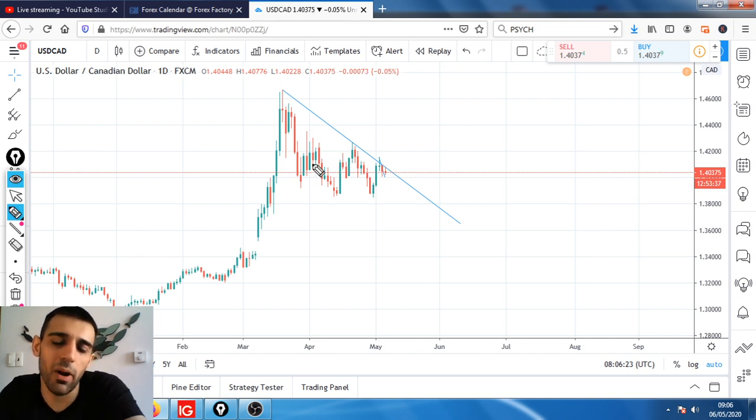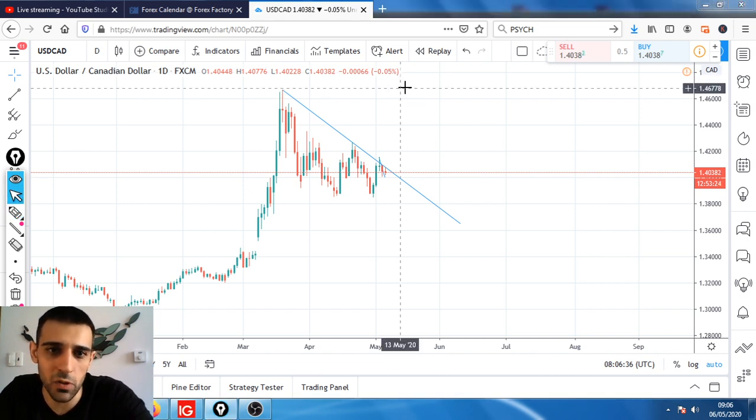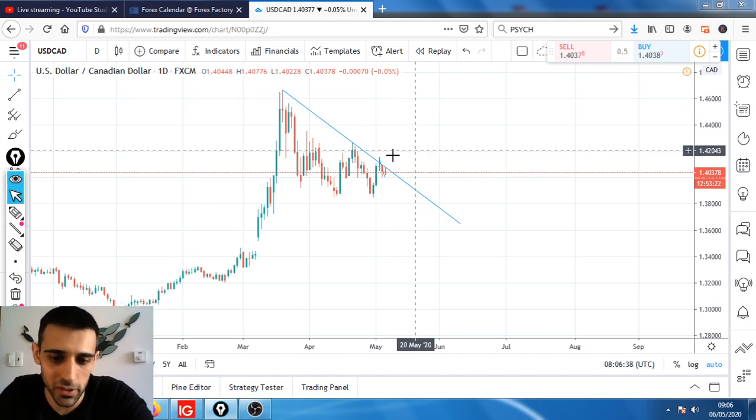It's been just playing around now, and I've been waiting quite a long time, I think 2 or 3 weeks now, for this one to set up towards the upside and potentially run to this target, but so far it's not giving me the opportunity.